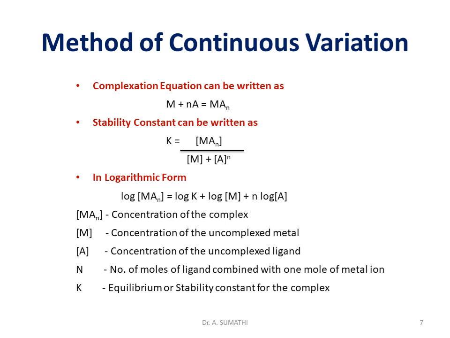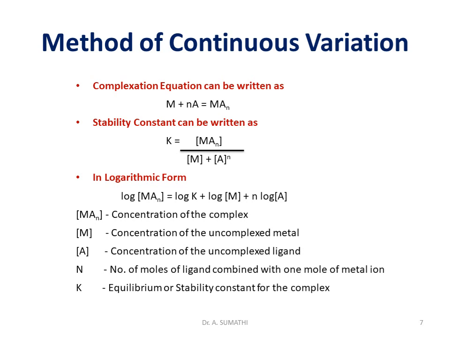The stability constant K is the concentration of the product divided by the product of the concentrations of the reactants. MAn is the product, and the reactants are M, the metal, and A, the ligand. This stability constant equation can be written in logarithmic form, which gives log MAn equals log K plus log M plus n log A.